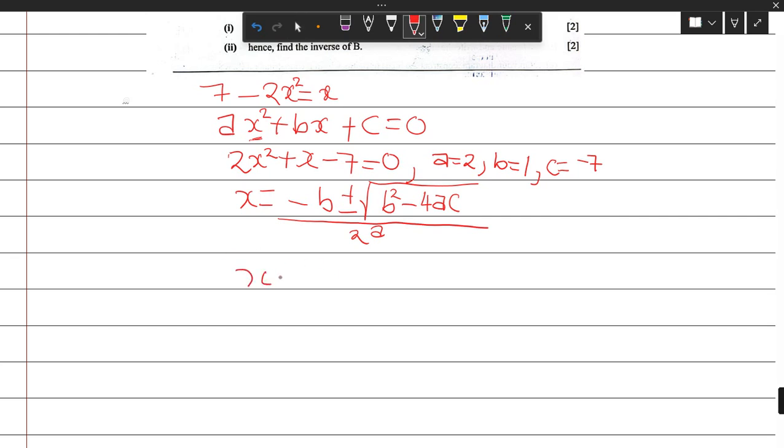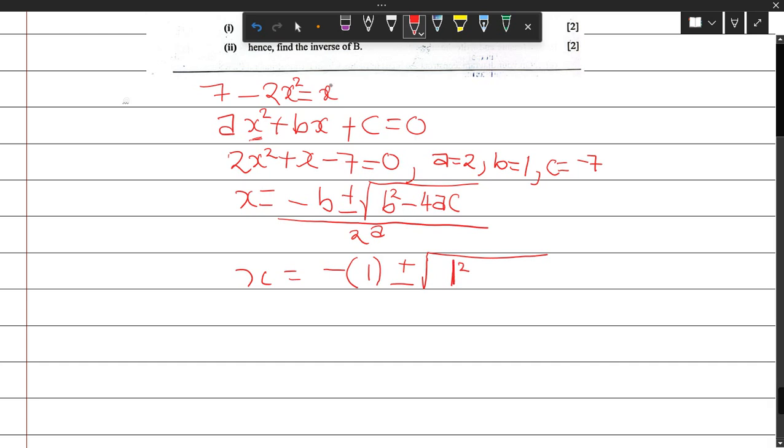So we say x equals, so we write negative b, we know b is 1, so we write negative 1, plus or minus square root. You can put brackets if you want.